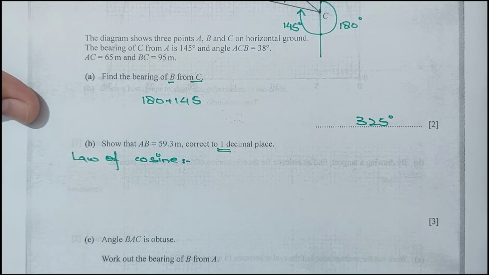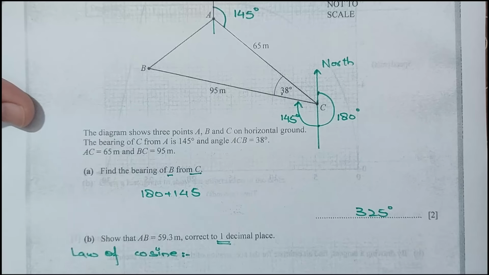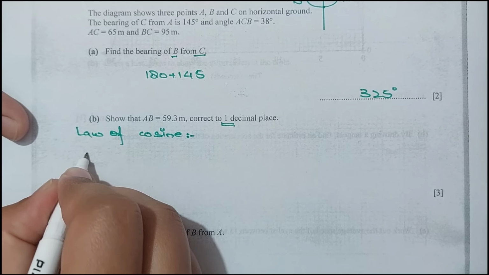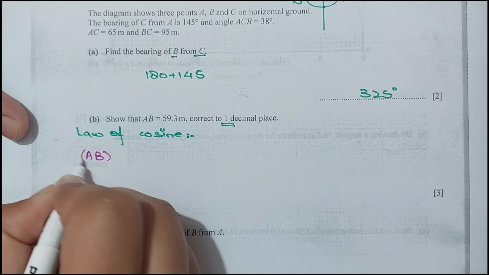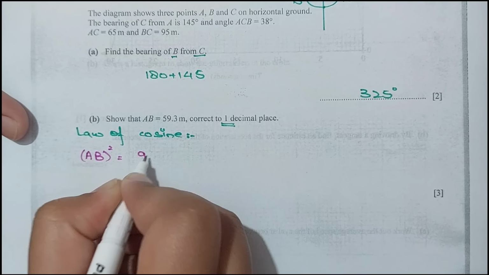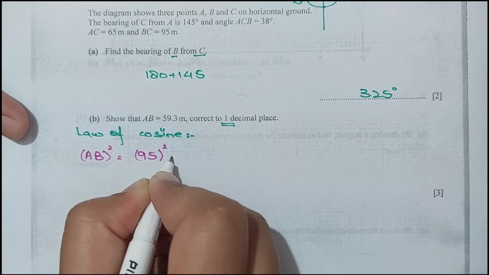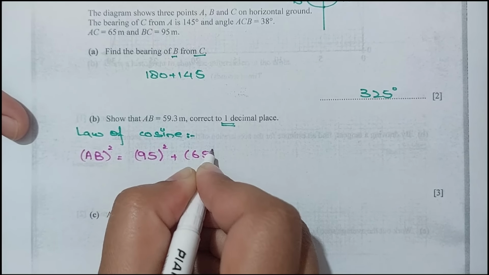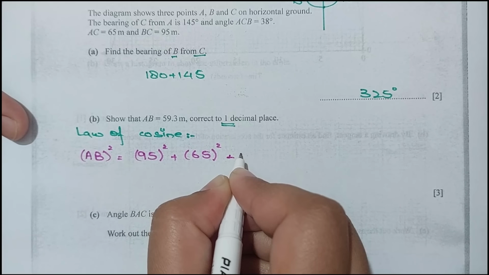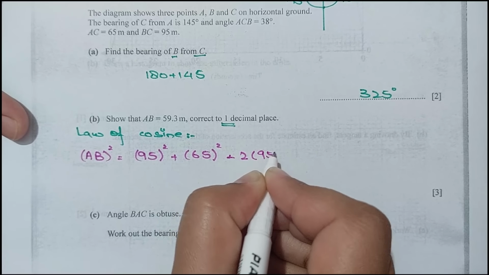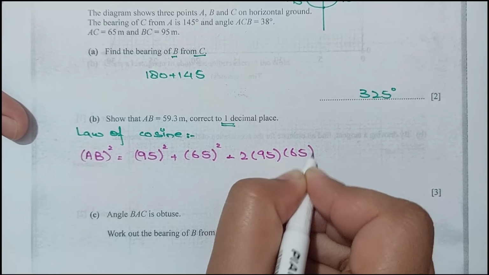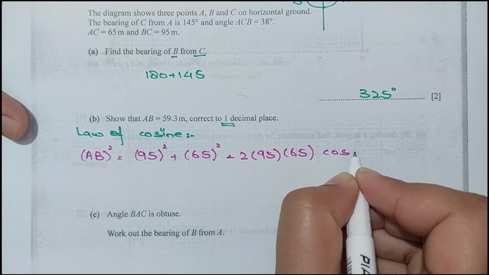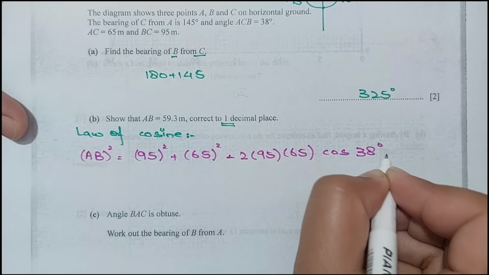The angle C is given, and its front side is AB, which we have to work on. So AB square equals 95 square plus 65 square minus 2 into 95 into 65 and cos of the angle between the two sides, which is 38 degrees.